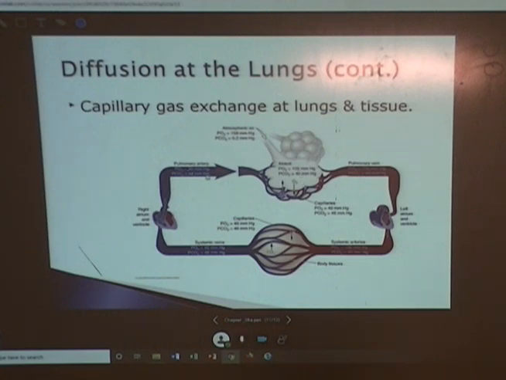So we've got 40 here, 105 here, 159 outside, and then 100 in the blood that's coming back to the heart. All right? So the high-low across the respiratory membrane drives the delivery of oxygen to the bloodstream.